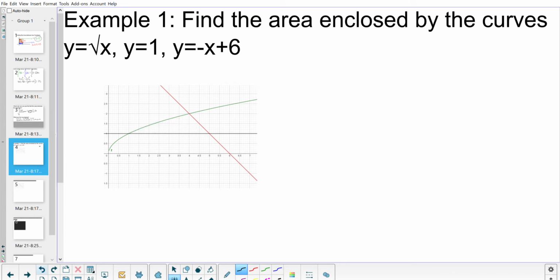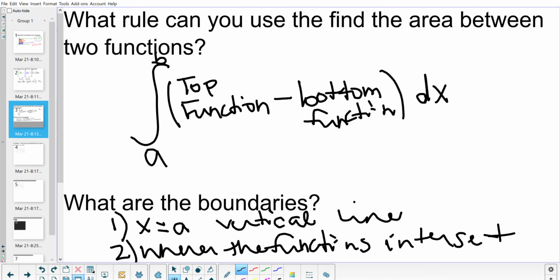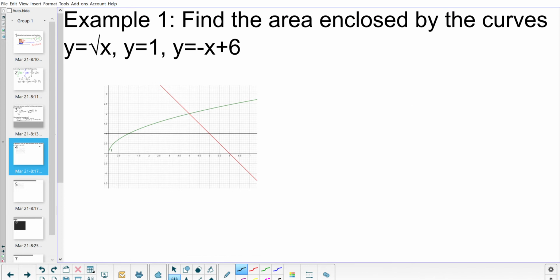So back to the big idea, this whole top function minus bottom function, this actually poses a problem in this one. Our area that we're finding is going to go from 1 all the way over to 5. So we're going from 1 to 5 as our x values.